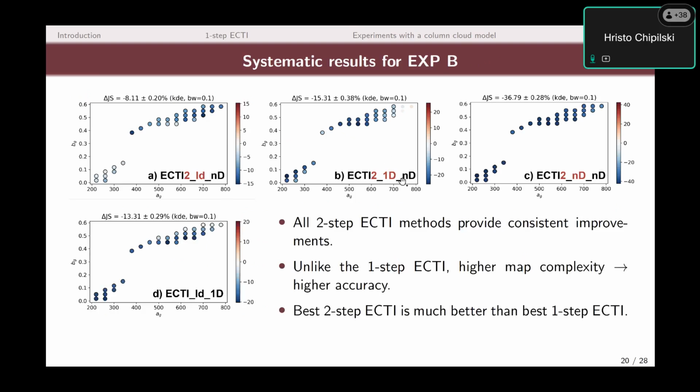We have learnable component-wise splines, and we have multivariate splines. So now we see here that unlike the one-step formulation, increasing the complexity of the conditional transport map from left to right leads to increasingly better performance, with the best configuration being multivariate splines for both the marginal and the conditional, and this is much better than the best performing one-step ECTI approach.